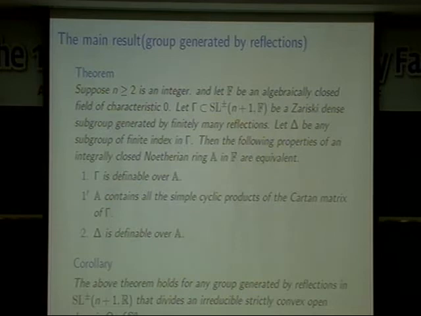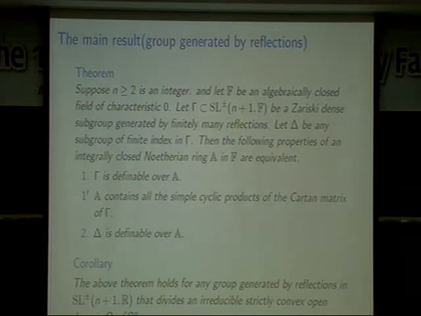So this is one of my main results. The statement is similar, but the group is changed. Suppose n is an integer greater than 2, and F is an algebraically closed field of characteristic 0. Let gamma be a subgroup of SL±(n+1, F), Zariski dense and generated by finitely many reflections.